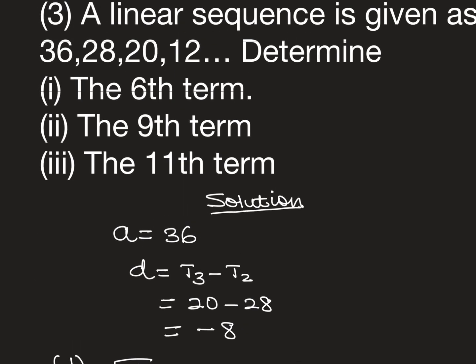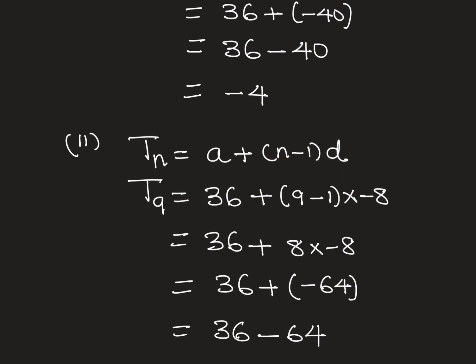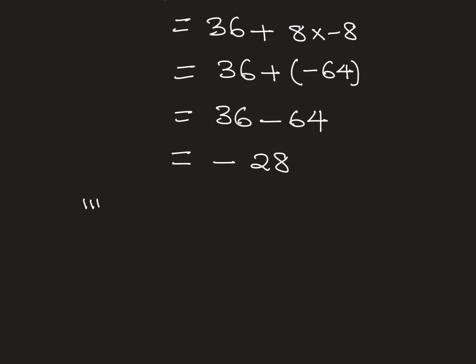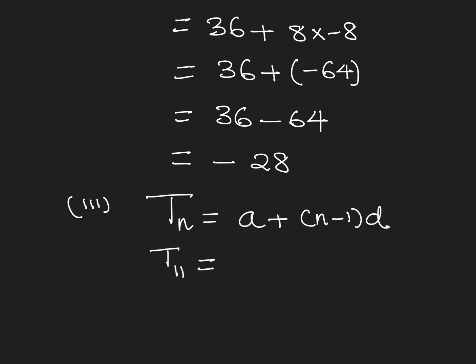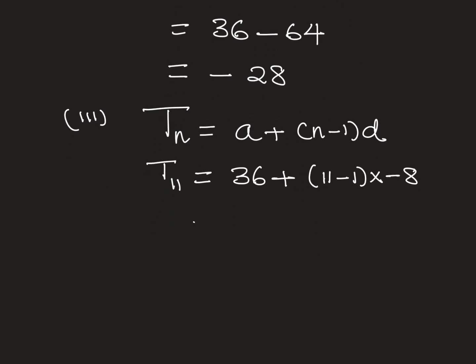Finally, the 11th term can be calculated using the same formula. T sub n is equal to A plus n minus 1 times the difference. So the 11th term will be T11 is equal to A, which is 36, plus n, which is 11, minus 1, times the common difference, which is minus 8.